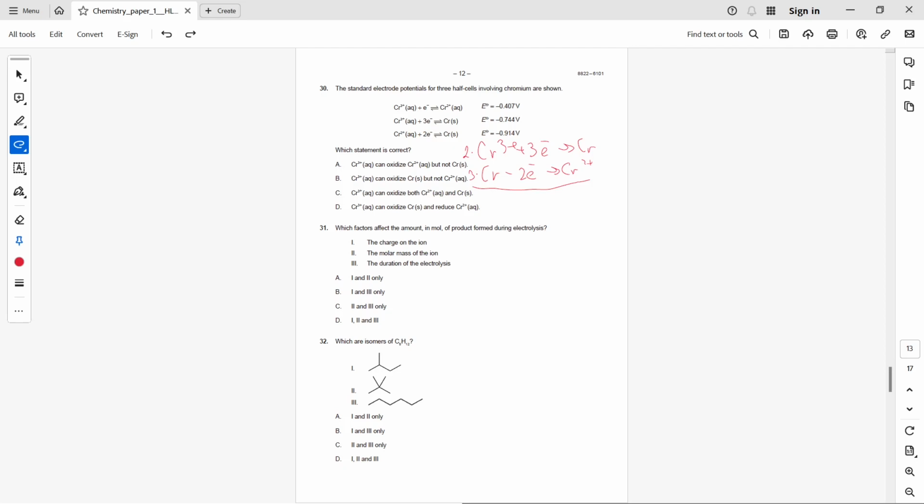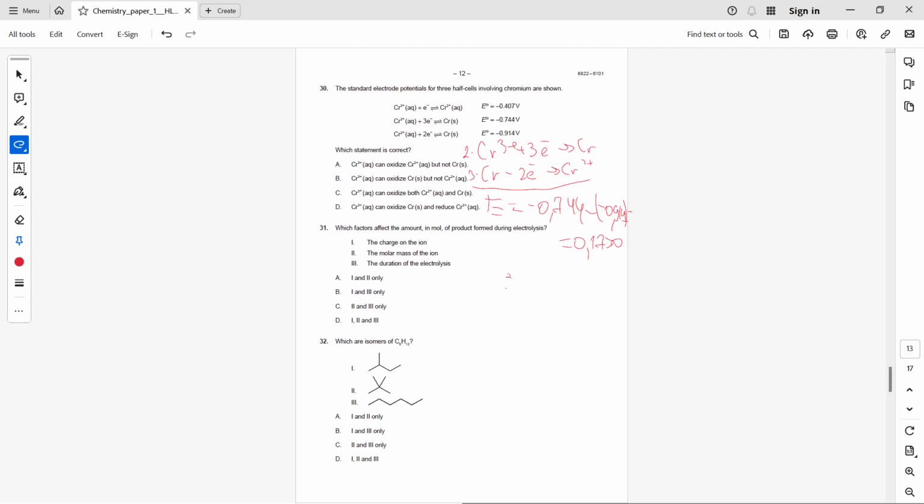And because the potential is given for the energy of 1 electron, we can just subtract 0.744 minus 0.914, and it will be 0.17, which is greater than 0, so it can oxidize.